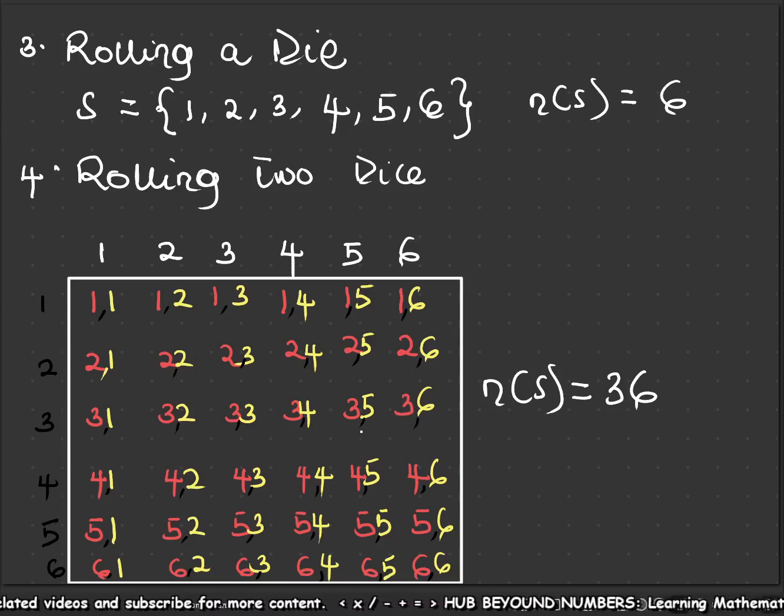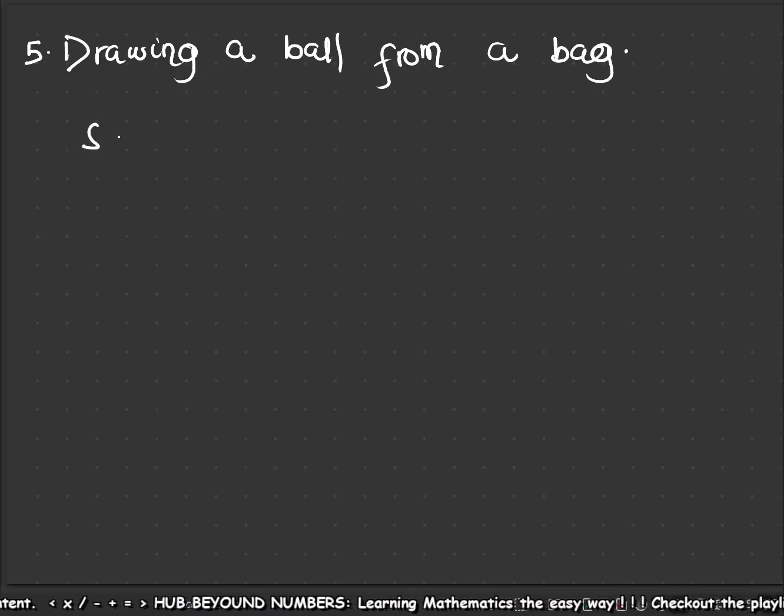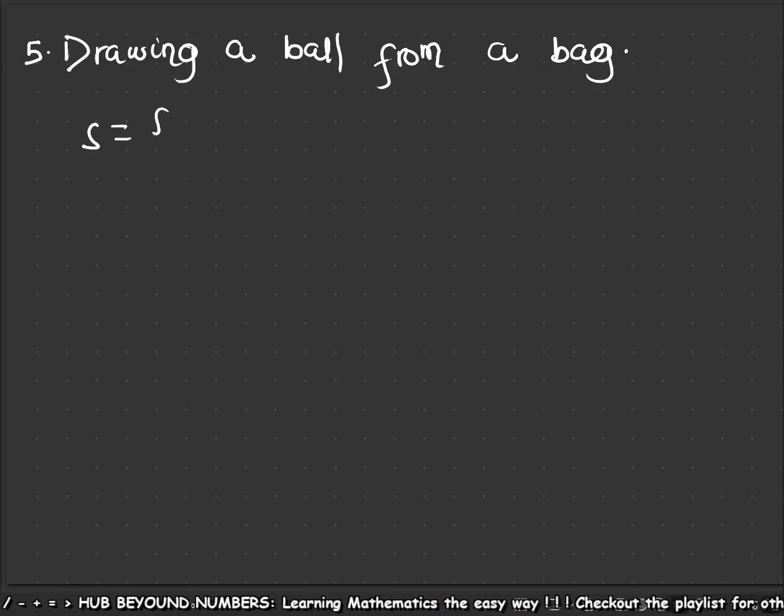But I think there's one more type of event we usually encounter in probability problems, and that is drawing a ball from a bag. Most times with this type of event, you'll be told you have a bag containing red, blue, green balls and all that. So the sample space is just the balls you have in there.